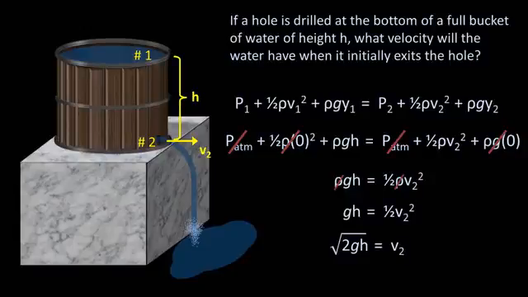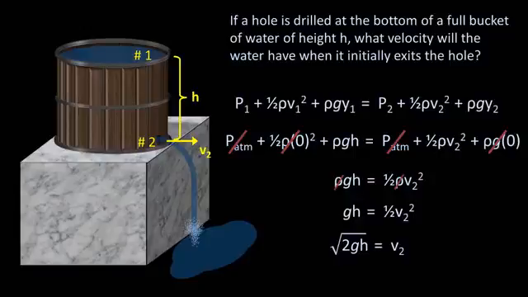Next, the width of the barrel and the width of the hole are both irrelevant, provided that the barrel is many times larger than the hole. Finally, and most interestingly, this is the same velocity that an object or fluid would have as it passed point 2 if dropped from an h and allowed to fall straight down under the influence of just gravity.